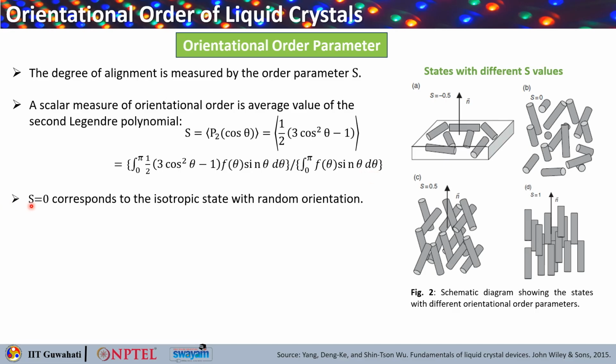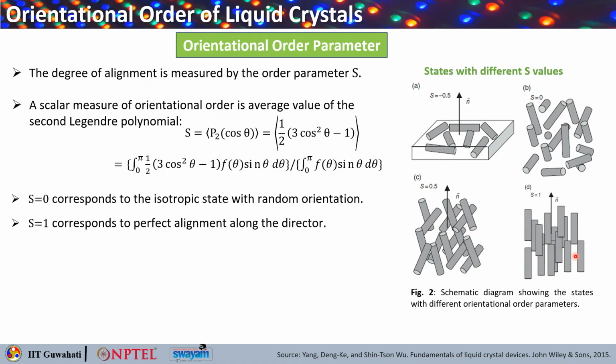When S equals 0, that tells you that there is no order at all. That corresponds to the isotropic state with random orientation. Now, S equals 1, on the other extreme, tells you that there is perfect alignment of all the molecules with the director.